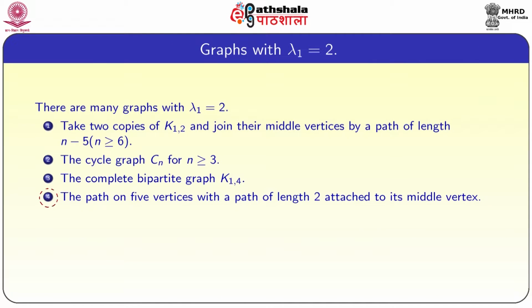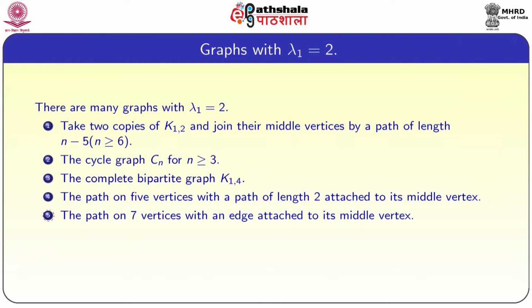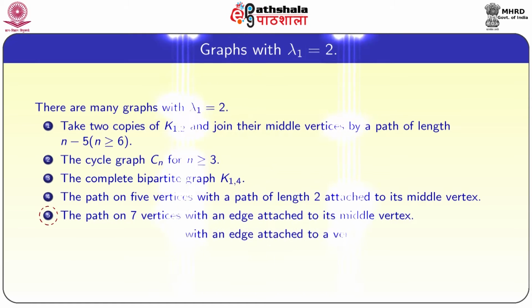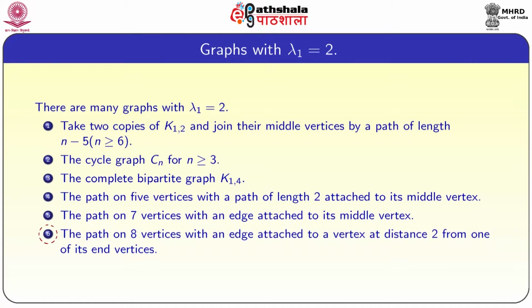The path on 5 vertices with a path of length 2 attached to its middle vertex. A path on 7 vertices with an edge attached to its middle vertex. A path on 8 vertices with an edge attached to the vertex at distance 2 from one of its end vertices.